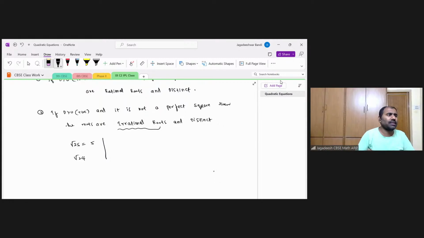So what is this conjugate? Suppose if it is root 3, then the other root is minus root 3. If it is 1 plus root 3, then the other root is 1 minus root 3. If it is 2 plus root 3, then the other root is 2 minus root 3. So like this, they'll occur in pairs only.